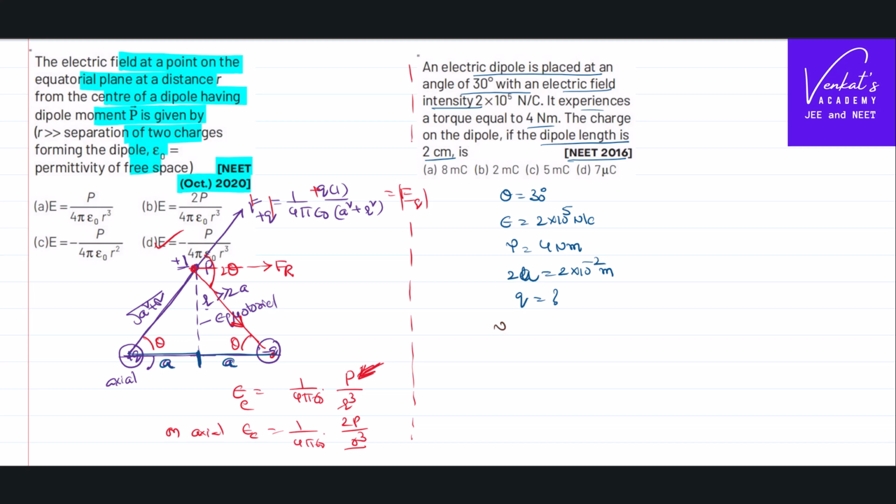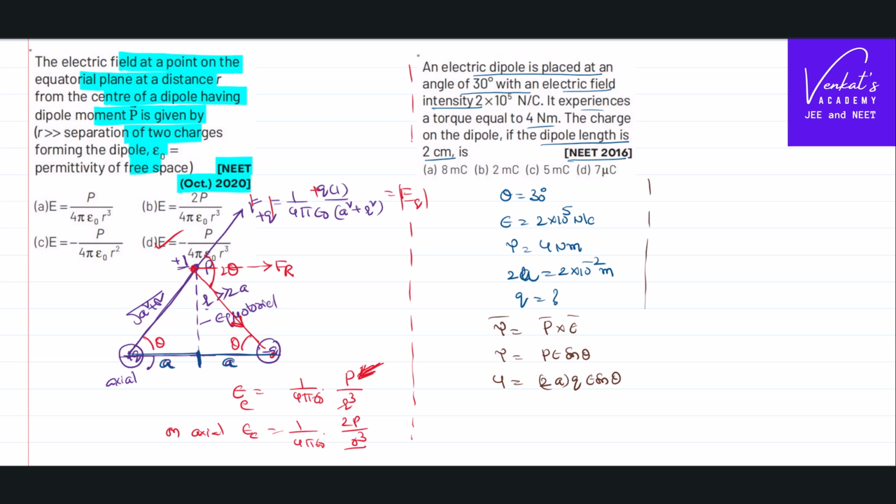We can write the formula for the torque as P bar cross E bar, or the magnitude of the torque equals P sin theta E. The magnitude of the torque is given in the problem as 4 Newton meter. P can be written as 2a into Q, so torque equals 2a Q E sin theta.